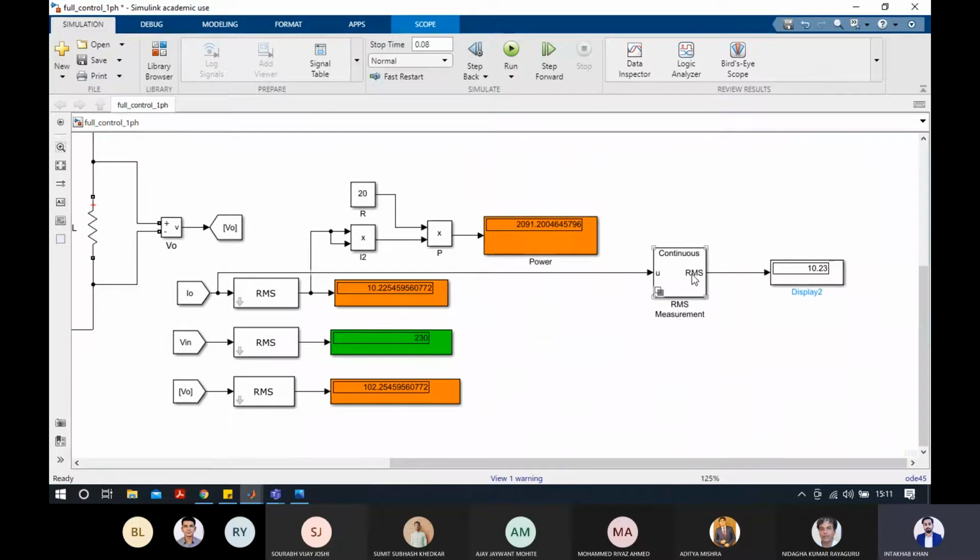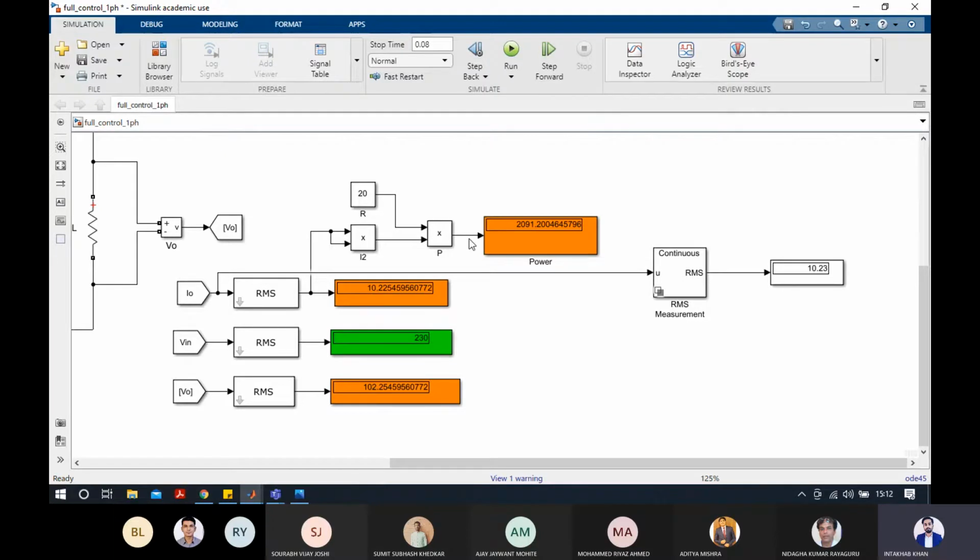Now we'll be checking this RMS value. We can directly use the RMS measurement block available in 2021. I'm not sure about 2020 or other versions, but here we can directly get the RMS block. We can match the values, like this is 10.23 and this is also 10.23. So we can use this block as well.